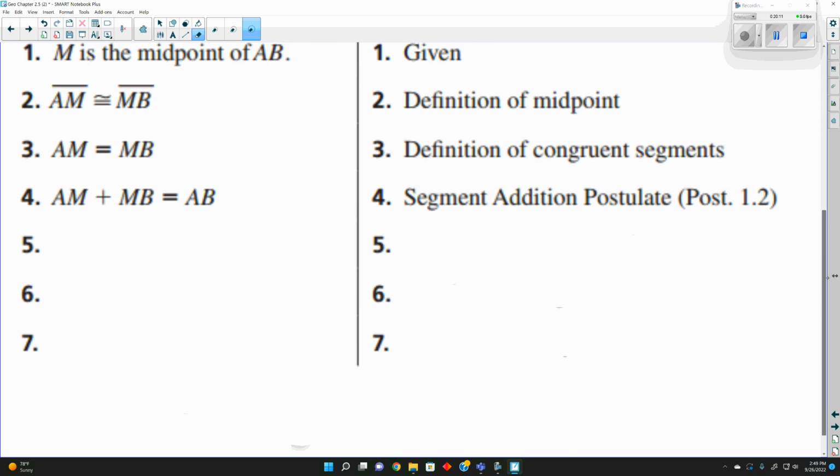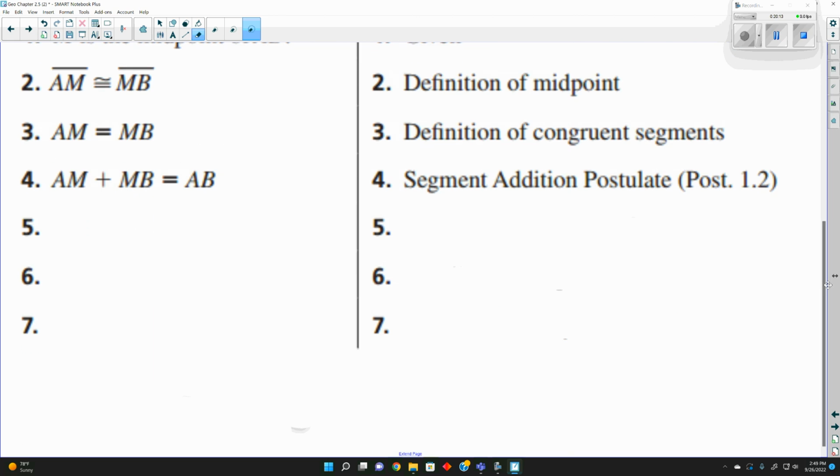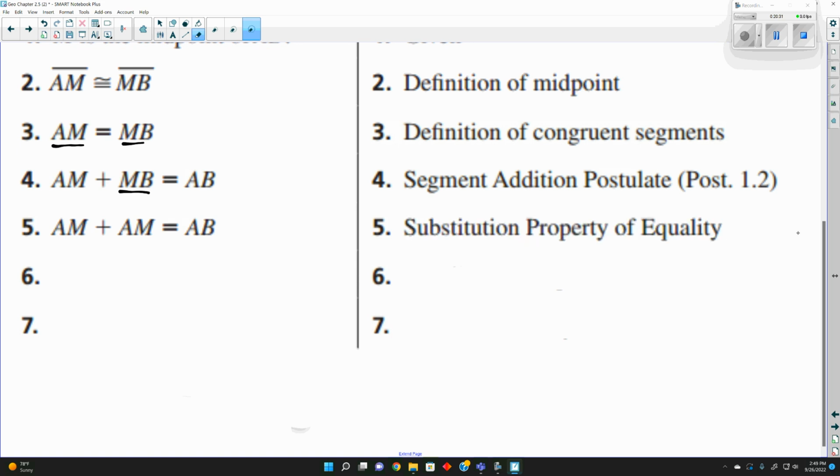Looking at this statement here, I know that MB is equal to AM, so what can we do? We can substitute AM for MB. So we can say AM plus AM is equal to AB, which is our substitution property of equality, because we're substituting it in.